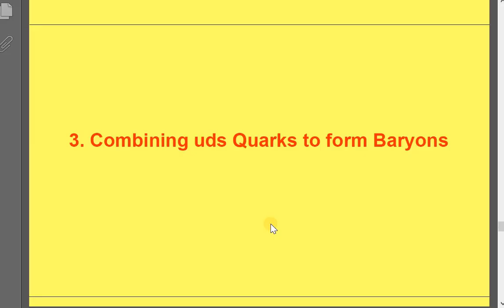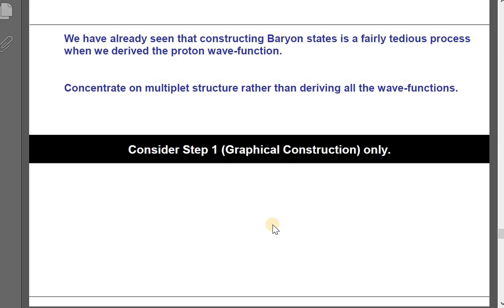Okay. So now on to the next application, or the final application, which is combining the UDS quarks to form baryons. But we have already seen that constructing the baryon states is a fairly tedious process when we derive the proton and delta plus and also the neutron wave functions.